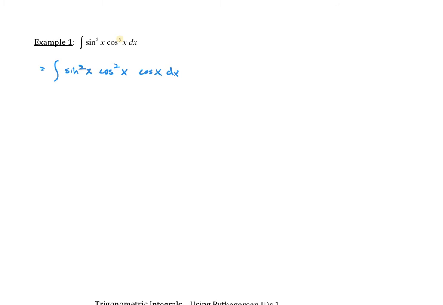So I'm going to make a little note here. I'm going to say notice the odd power, and peel off a cosine of x. Okay, and we've just done that. Now, why is it important for us to peel off a cosine of x?